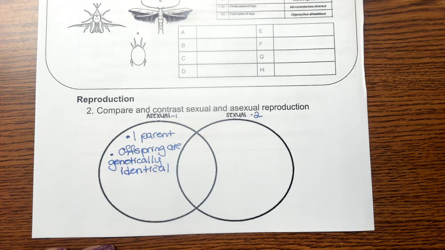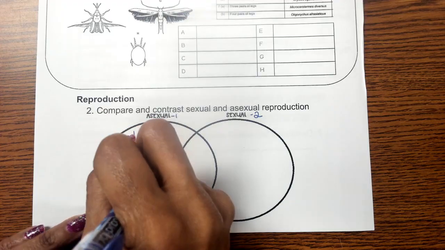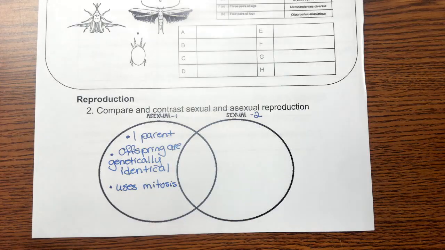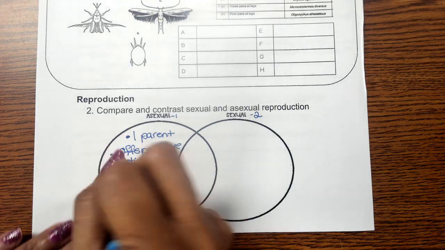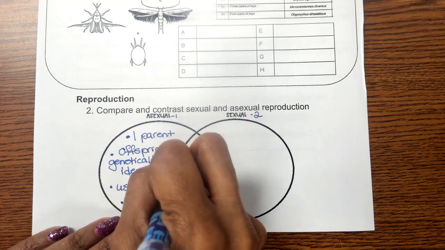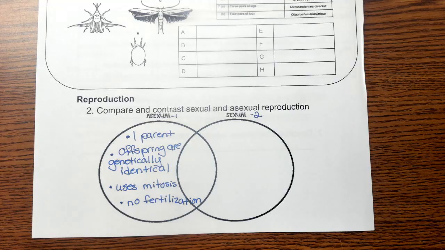Just like you copy something on a copy machine, that's the same thing with asexual reproduction. It is an exact copy of that parent. It uses mitosis, and there is no fertilization.